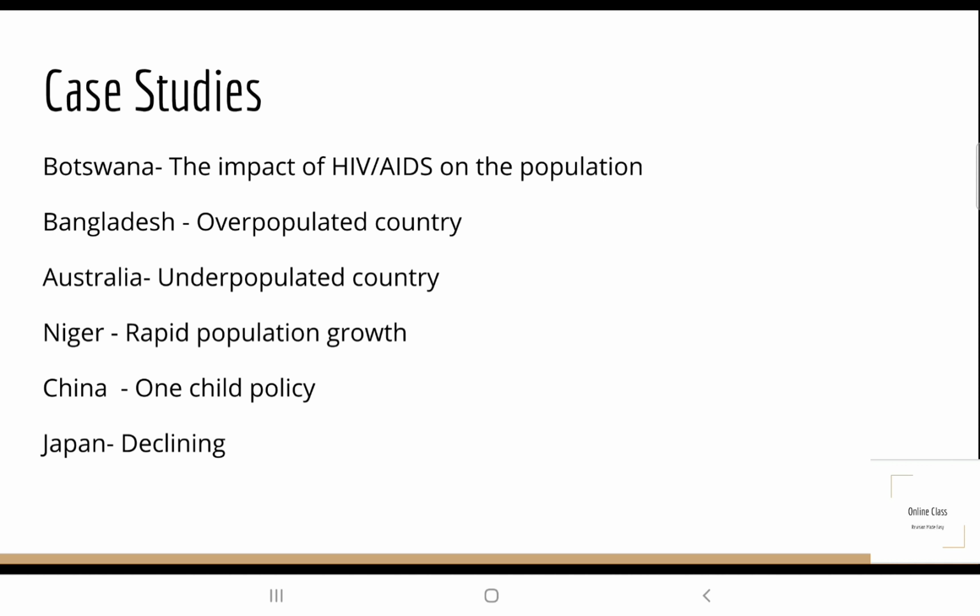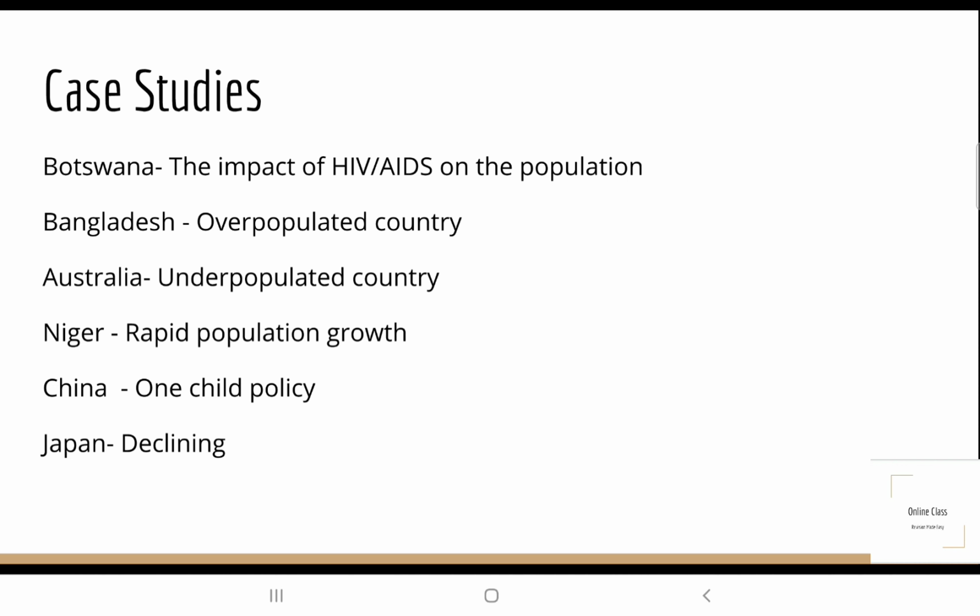Now, the IGCSE and the O-level geography have case studies, and these are case studies that are used to show examples of some of the issues that we've just had a very brief look at. So there is a case study for Botswana, which is the impact of HIV and AIDS on the population.